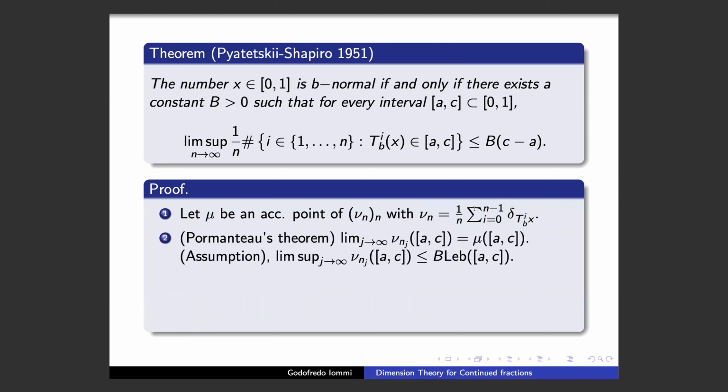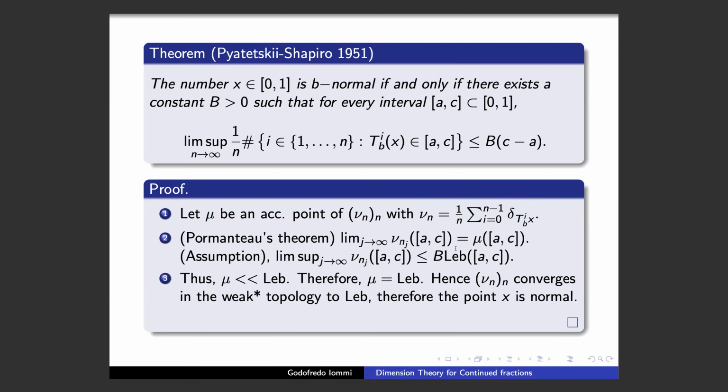Essentially, the assumption that you have here allows you to show that that accumulation point is absolutely continuous with respect to the Lebesgue measure. The Lebesgue measure is ergodic, so you can conclude that the measure mu is indeed the Lebesgue measure. Therefore the sequence of empirical measures converges in the weak star topology to the Lebesgue measure. So the point is normal.